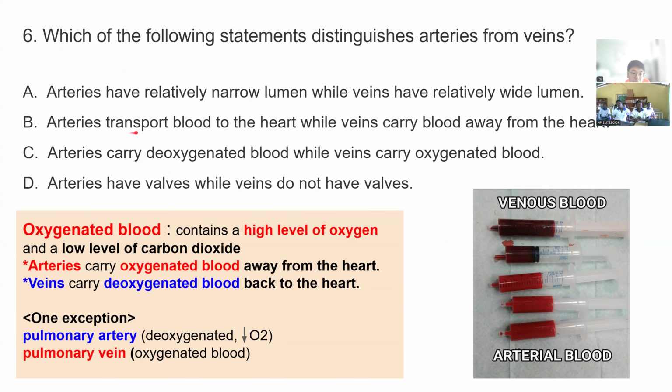Is it B, arteries transport blood to the heart, while veins carry blood away from the heart? Or is it C, arteries carry deoxygenated blood, while veins carry oxygenated blood? Or is it D, arteries have valves, while veins do not have valves?